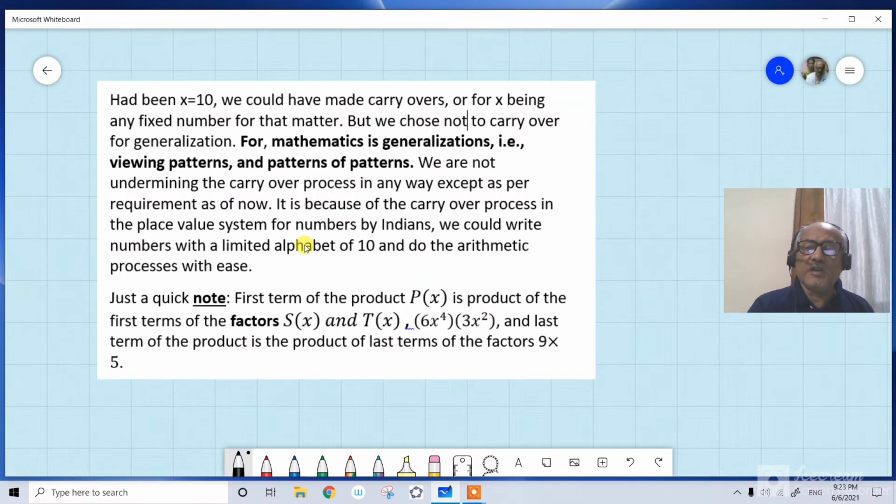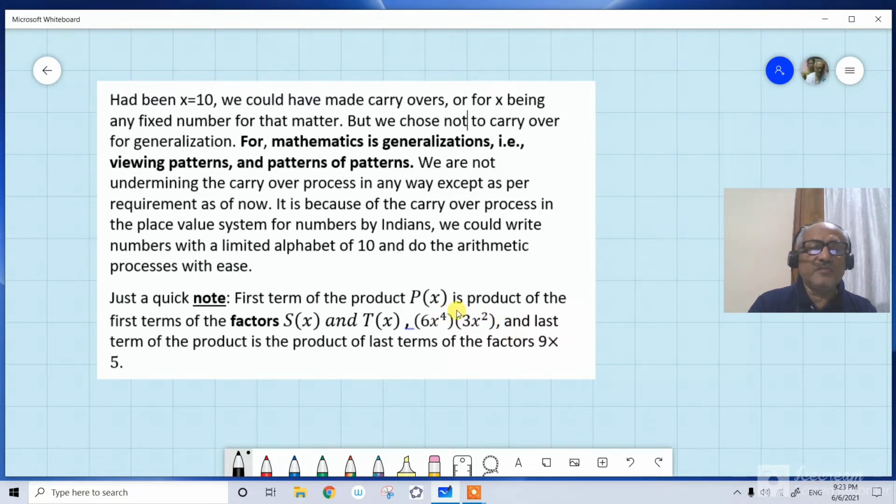So we understand why we have sacrificed this carryover process, because in terms of x or in terms of generalization, there is no meaning of this carryover process. Rather, we add the terms of similar powers, and whatever the coefficient may be, we keep that coefficient. And the last note is about the first term of the product and the last term of the product.